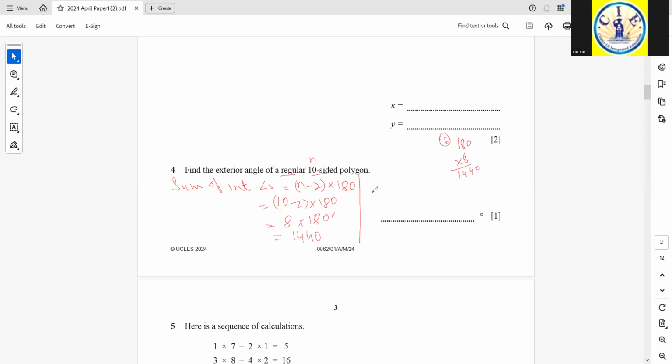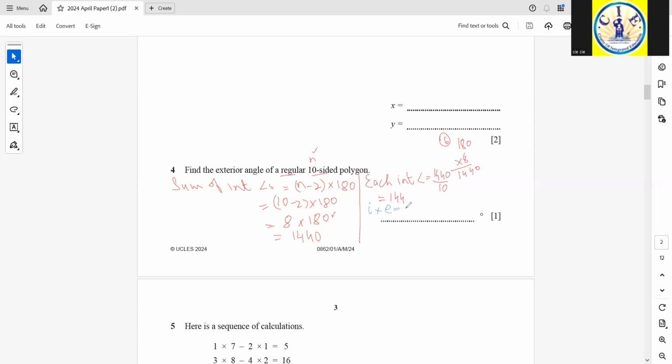So that means each interior angle will be equal to 1440 divided by 10 for the number of sides, which will be just 144.